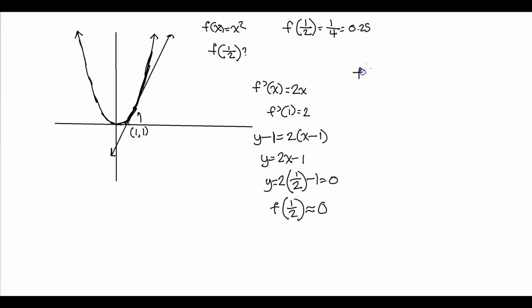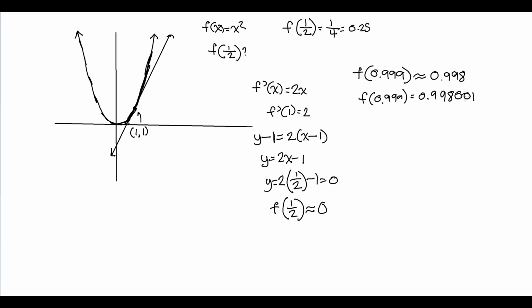So if we were to approximate f of 0.999, we place it into our function, and we're going to use a calculator for this. You get 2 times 0.999 minus 1, and our approximation is about 0.998. What is 0.999 squared? The actual value is 0.998001.